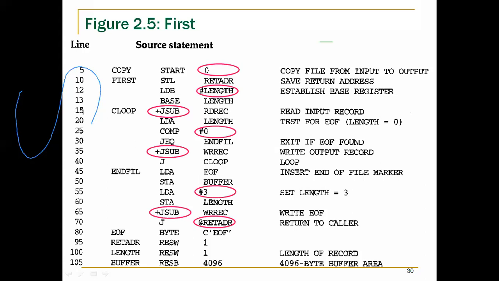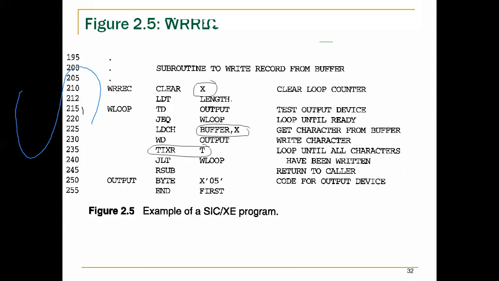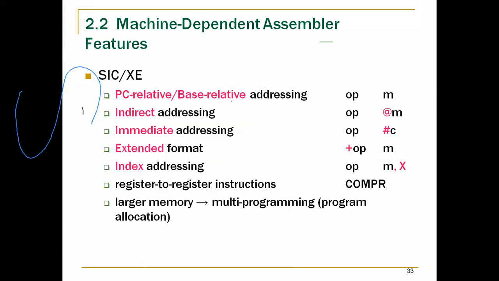Now the process of assembly is similar to what we have done with the SIC standard model. The only difference would be in assembling the object code.